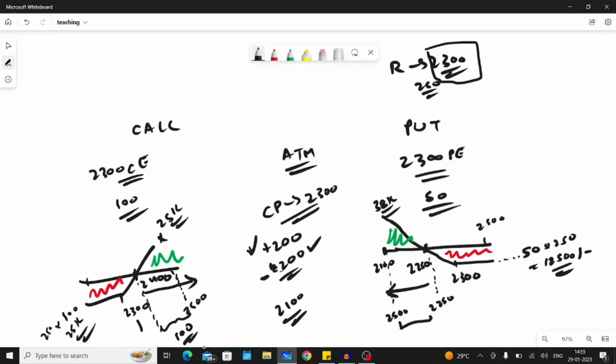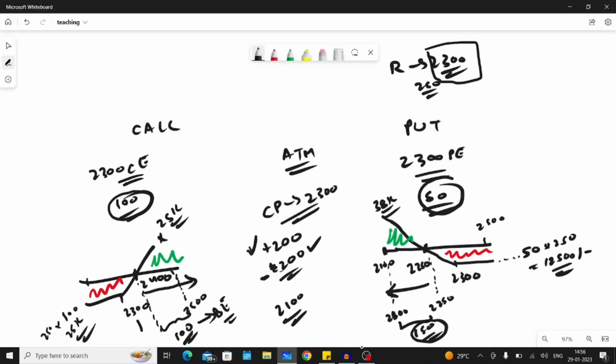So this is 2100, right? And the break even point was 2250. So this is a 150 point move, whereas the call option buyer only had a 100-point move after break even. And why is this difference there? Because the premium of call option was higher than the premium of put option.